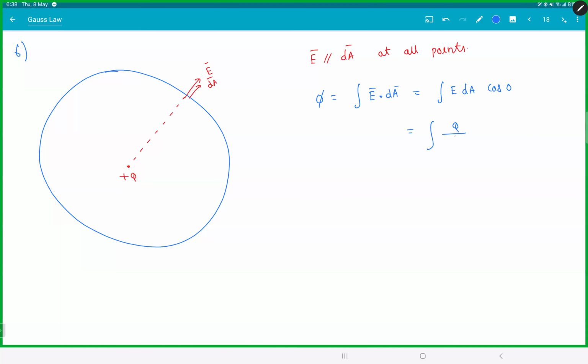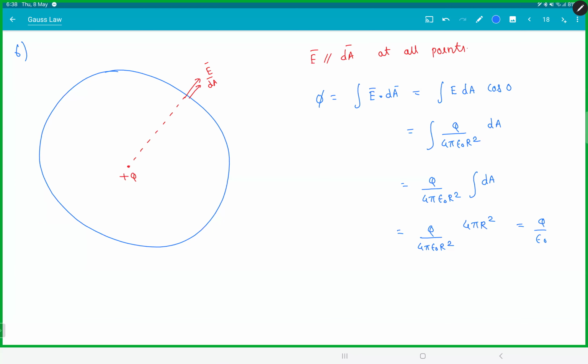E is nothing but Q by 4 pi epsilon r square, into dA. This is Q by 4 pi epsilon r square into integral dA, and integral dA is nothing but 4 pi r square. We get Q by epsilon.